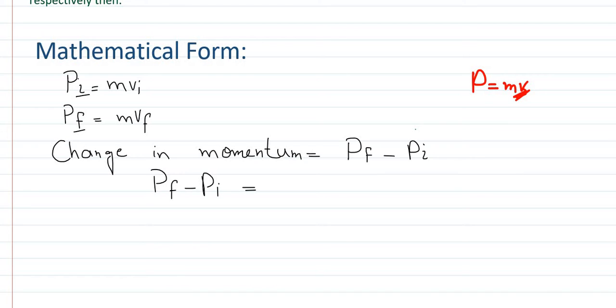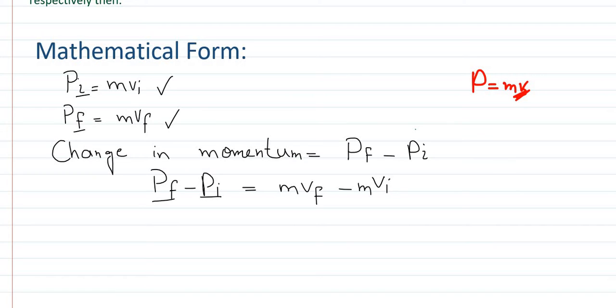Now I am putting the value of Pf and Pi. The value of Pf is mvf and the value of Pi is mvi. So I am putting here mvf minus mvi.